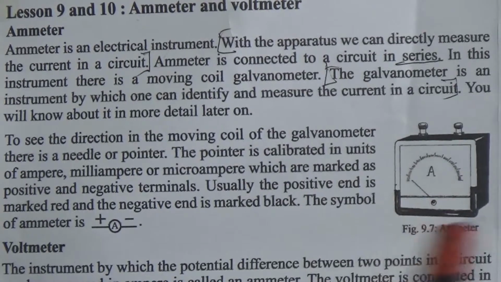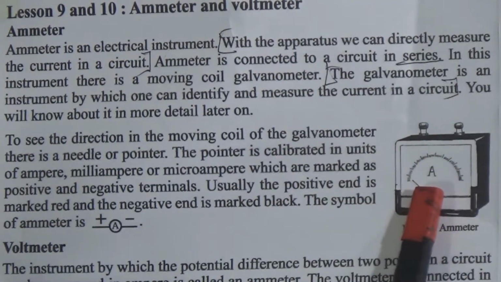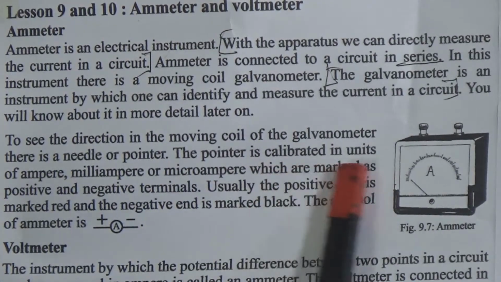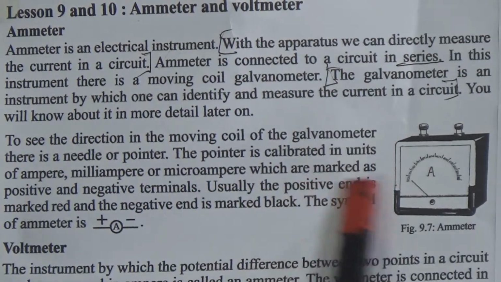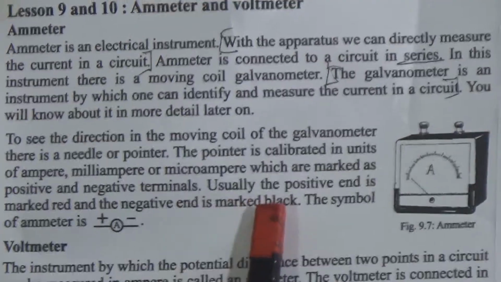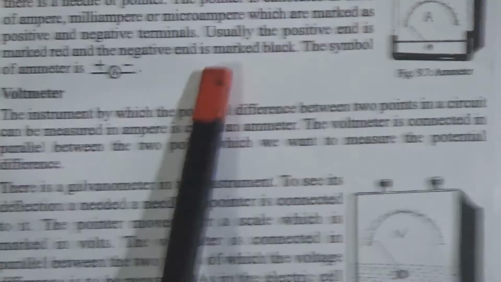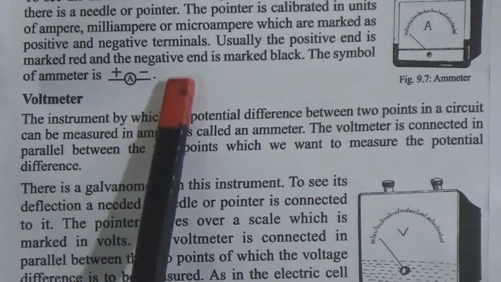If you see, this is the picture of the ammeter, this part is the galvanometer and this is the needle or pointer of the galvanometer. The pointer is calibrated in units of ampere, milliampere and microampere, and the terminals are marked positive and negative. Usually the positive end is marked red and the negative end black. The symbol of the ammeter is plus, A, then minus.